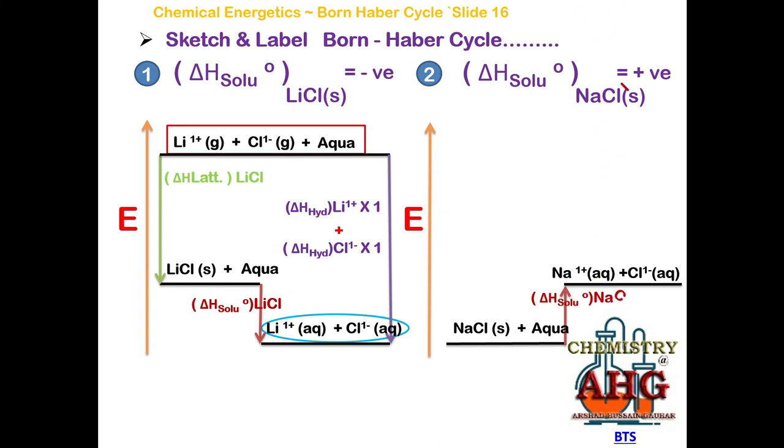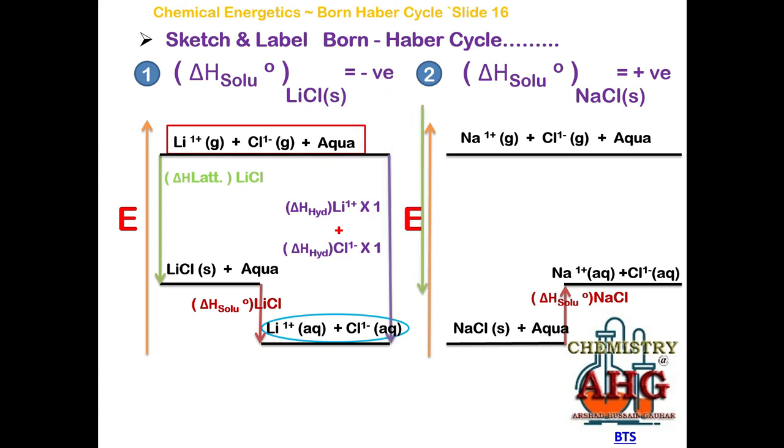At the upper end, you will draw a horizontal line where you will place gaseous ions along with aqua. Which gaseous ions? There are two types of gaseous ions. In this case, sodium gaseous ion and chloride gaseous ion. And they will be present together with water molecules. Water as a solvent is written as aqua. Now you can join this line with the lower positions by using two different types of arrow.